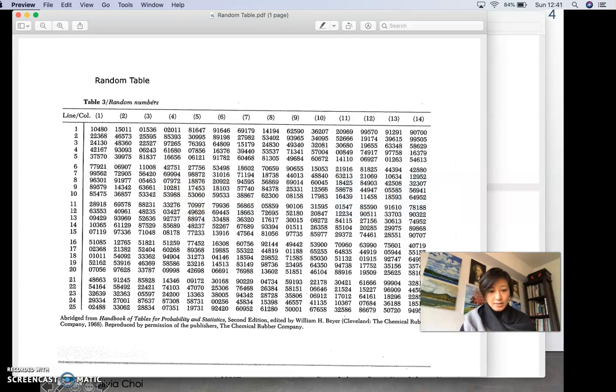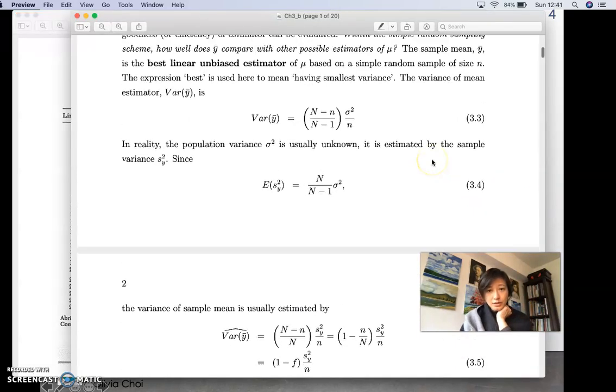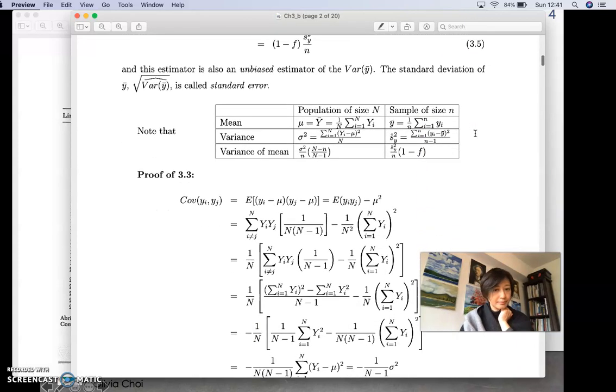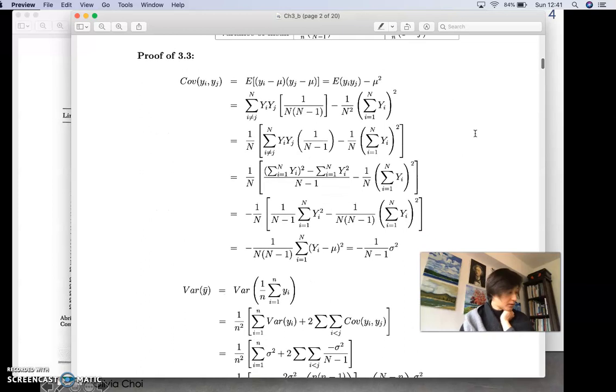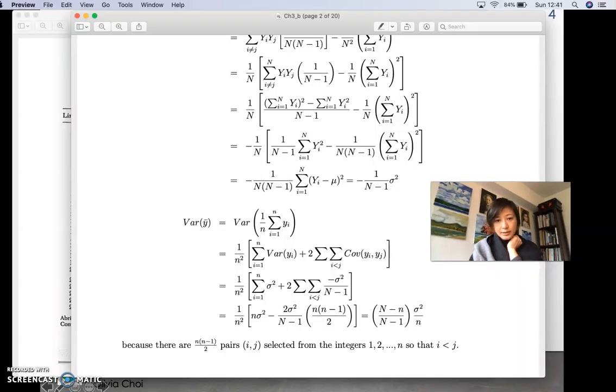In the text, we also have a proof of that. Okay, so this is formula 3.3. The proof of formula 3.3 is shown in the text. The variance of y bar equals the variance of the sum of the sample yi, divided by n squared.